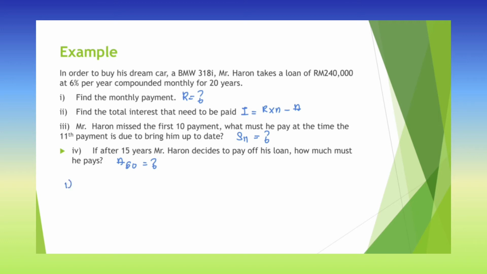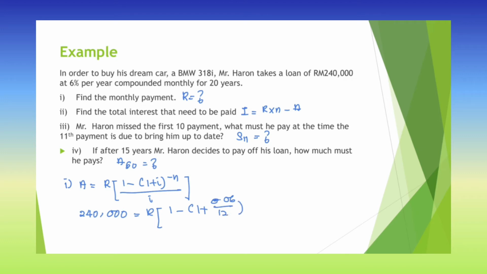Okay, so let us calculate for question number 1. We are going to use A equal to R times 1 minus 1 plus I to the power of negative n over I. A here is 240,000 equal to R times 1 minus 1 plus 0.06 compounded monthly over 12 to the power of negative 240 for 20 years over 0.06 over 12.